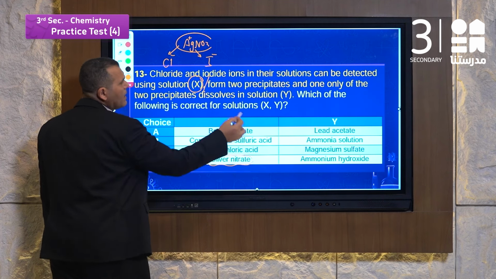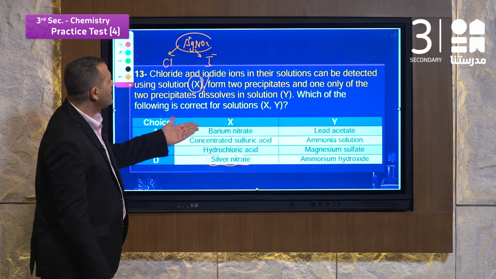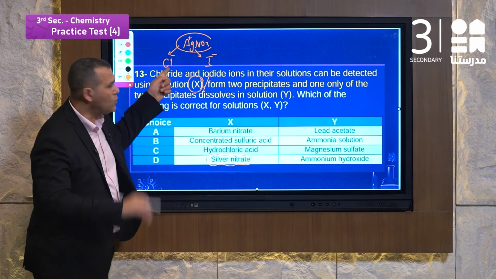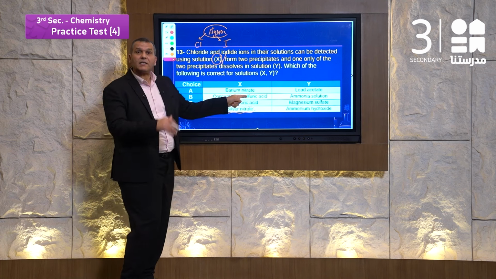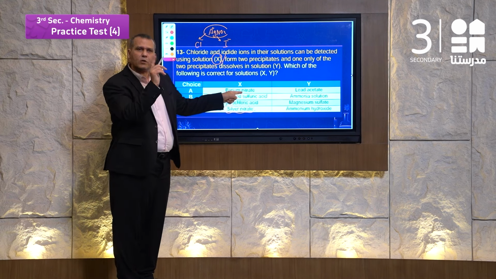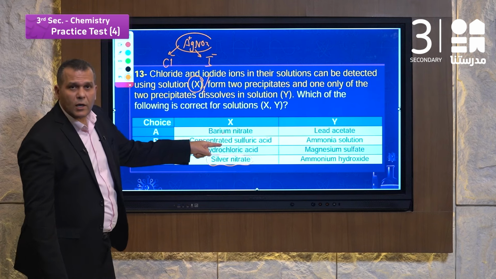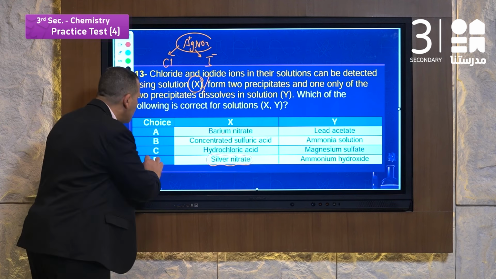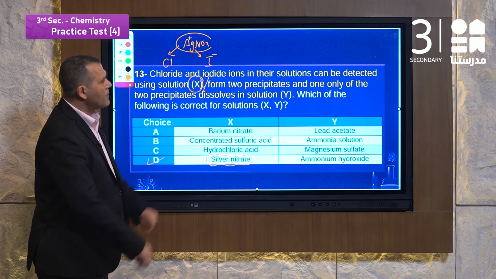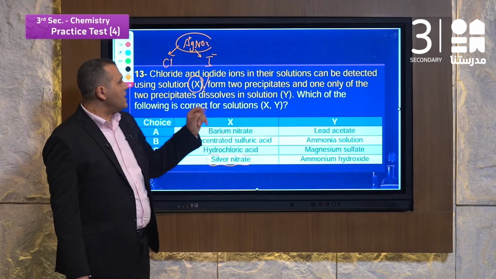Let's try barium nitrate. Barium chloride is soluble in water, so it cannot detect both. Concentrated sulfuric acid detects both of them, but gases evolve, not precipitates. Hydrochloric acid cannot detect any of them. So the correct answer is D. But let's continue.